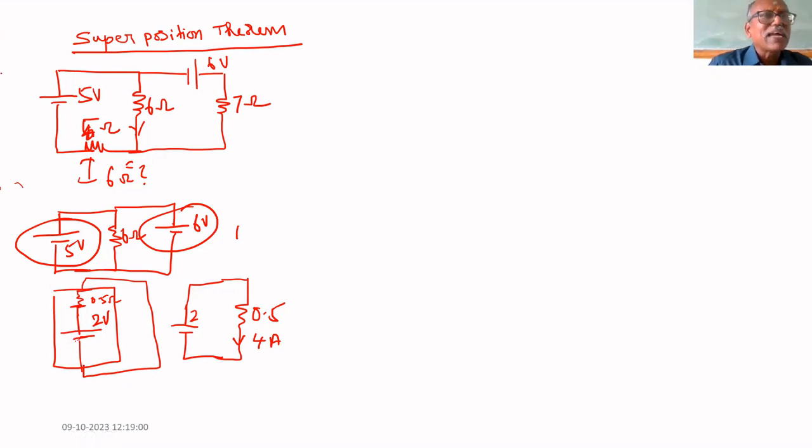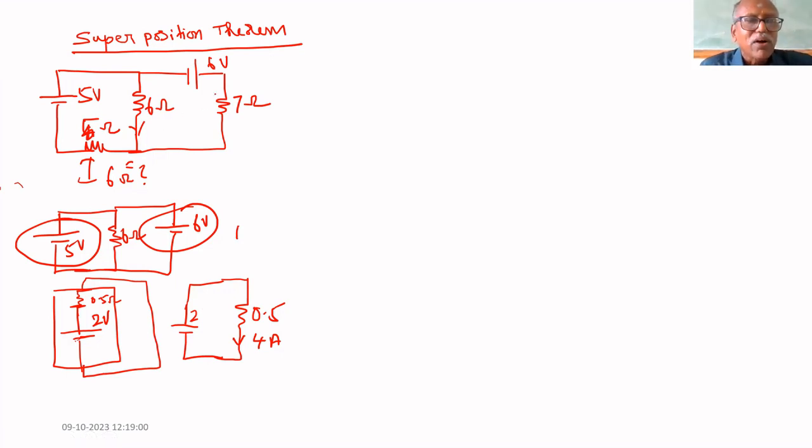Here, this 5 ohm can be taken as the internal resistance of the battery because it is in series with that battery. Here, the 7 ohm is in series with that 6-volt battery. That's why we can assume that it is the internal resistance of the battery. So theoretically, we are not talking about all those things. If superposition theorem is asked and no resistance is in series with the source, you cannot solve that sum by using the superposition principle.